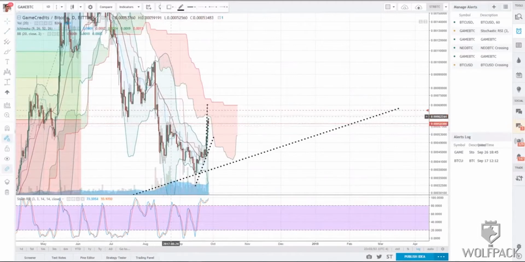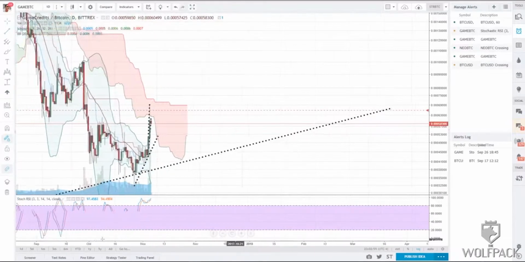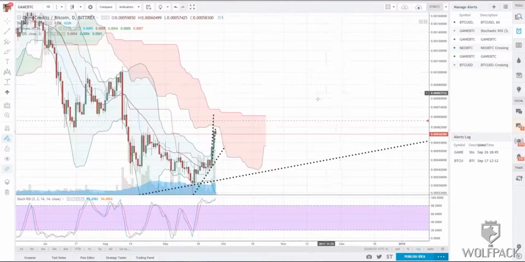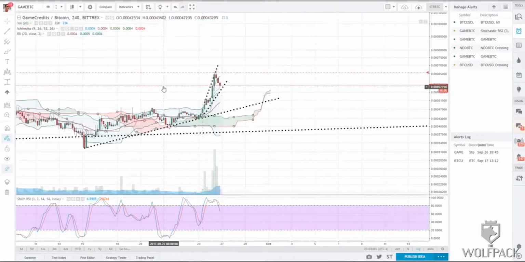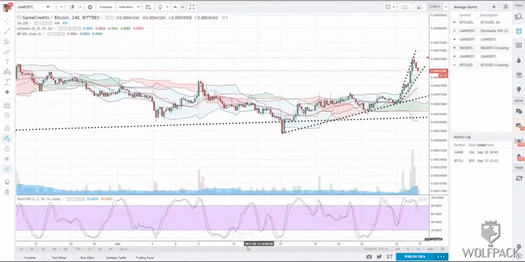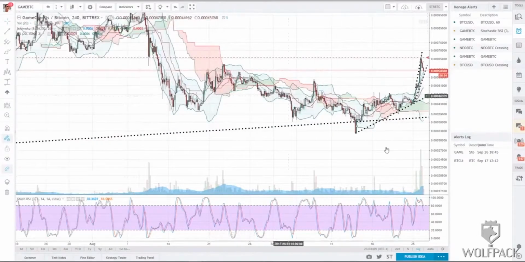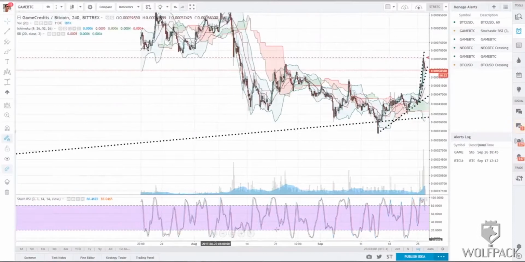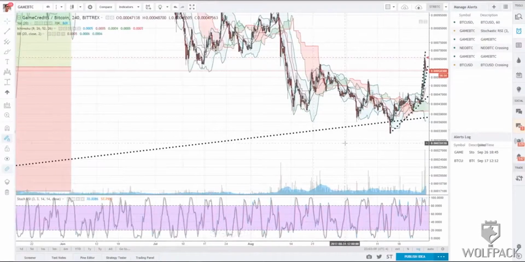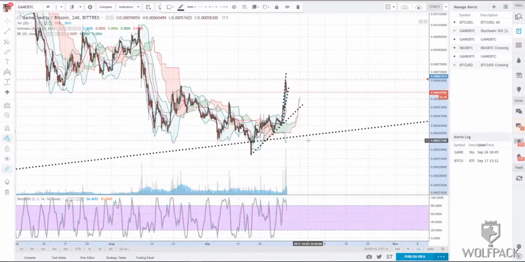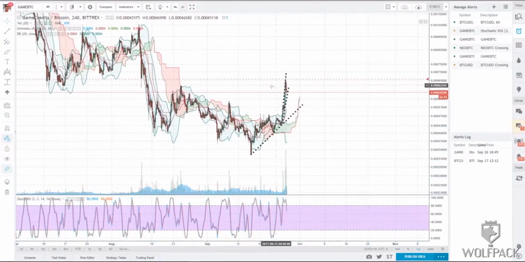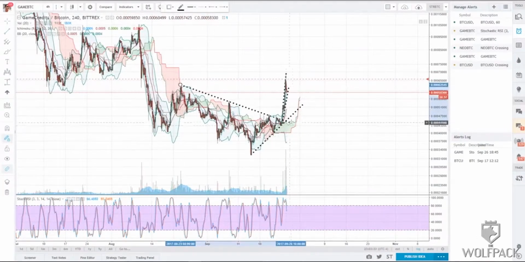All right, so this right here, it doesn't look pretty on the 1 day. Gotta do it on the 4 hour. Bear with me. Let's delete that. I'll leave that there. All right, so this right here is considered a falling wedge.